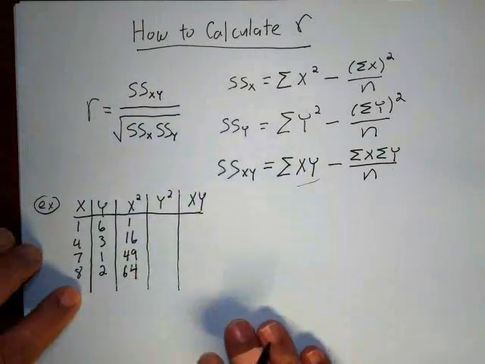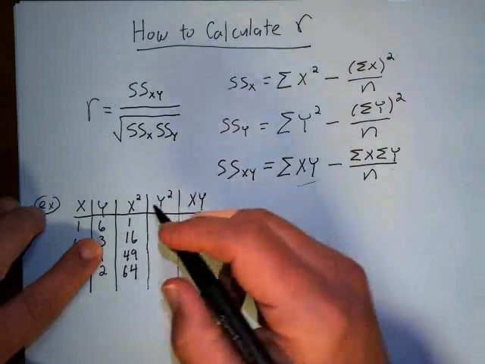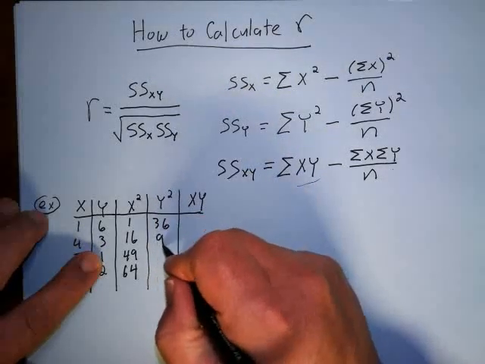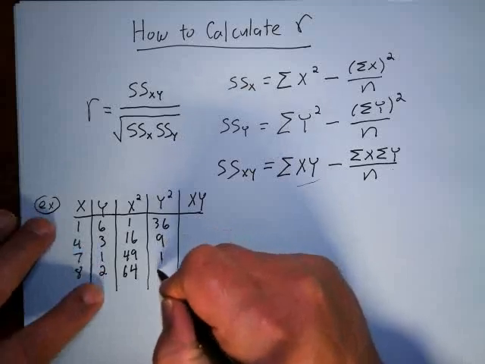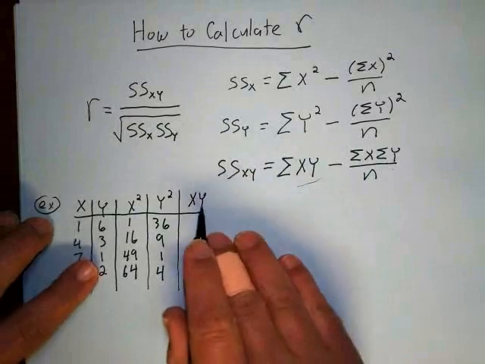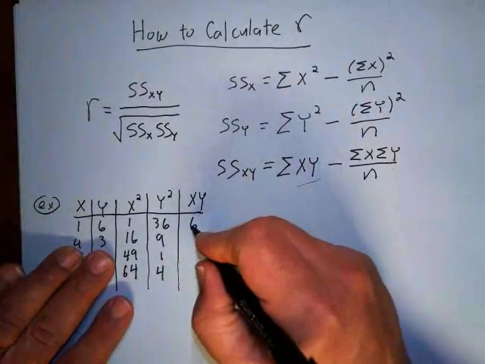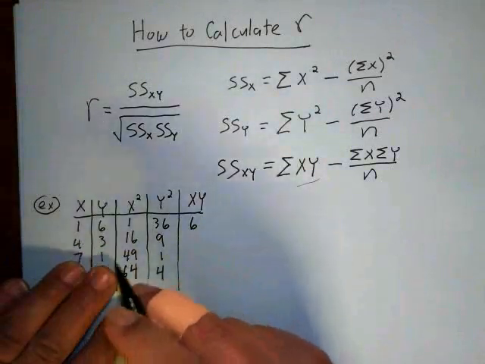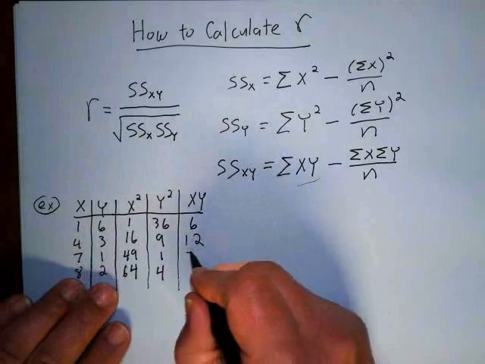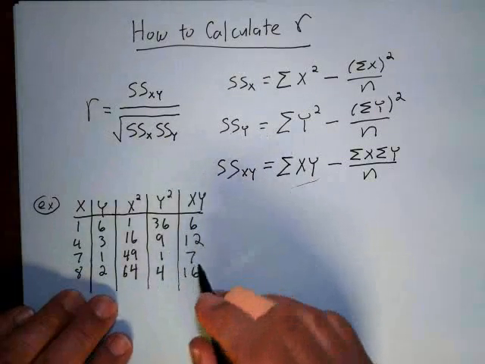For the y squares, this would be 36, 9, 1, and 4. And for x times y, I'd take 1 times 6, which is 6, 4 times 3 is 12, 7 times 1 is 7, and 8 times 2 is 16.